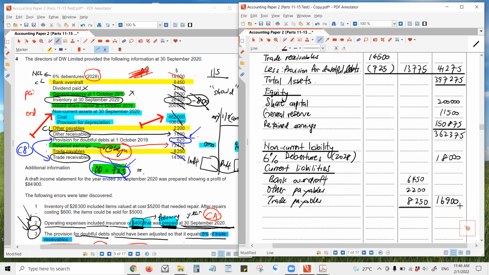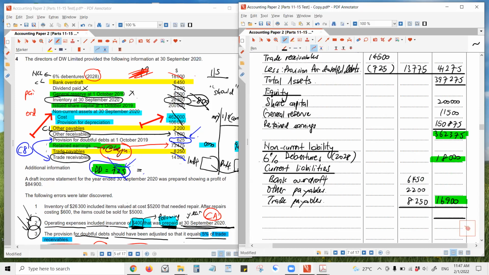Okay, this is the moment we get to find out whether we can balance it. Total up the equity and liability. These three numbers. Good, can balance.